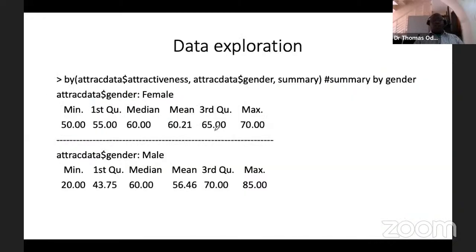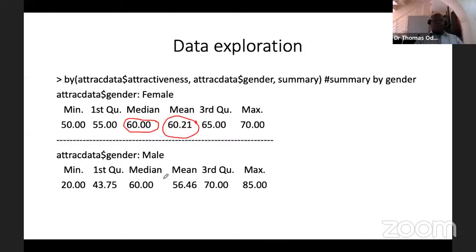The next thing, we can also go ahead and look at just a simple mean and the 5-number summary. So if we look at female, for example, the median is 60, and the mean is also 60.